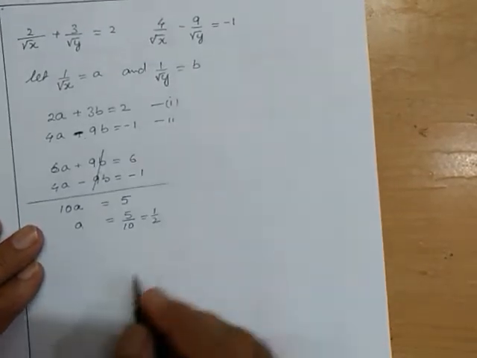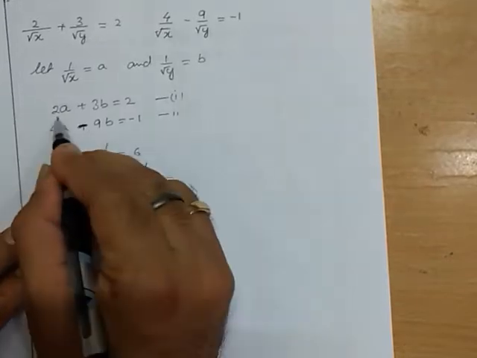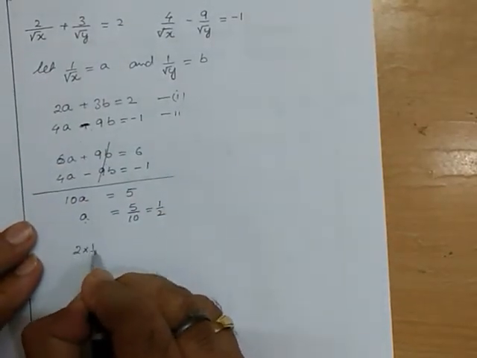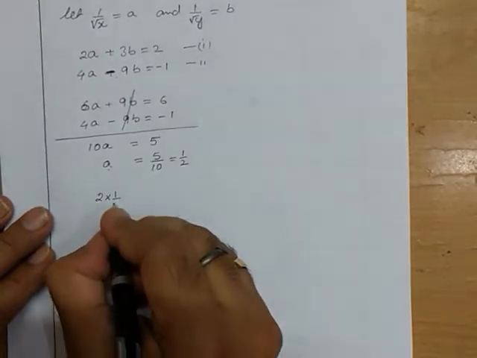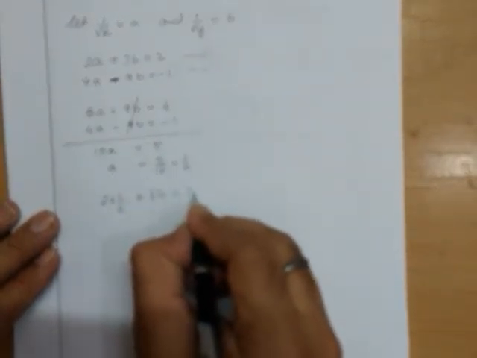Now for b, we can put this value of a in either of the equations. I am taking the first equation. So here 2 into 1 upon 2 plus 3b is equal to 2.